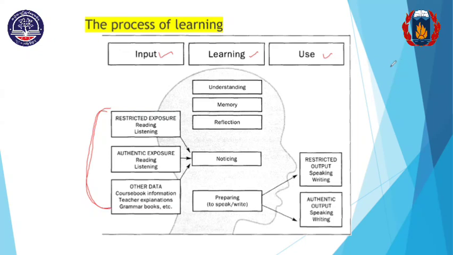Input, learning, use. These 3 boxes are input. Yes, teacher, input. And the process that the learner does in their brain is learning. And the last 2 are use. Yes.